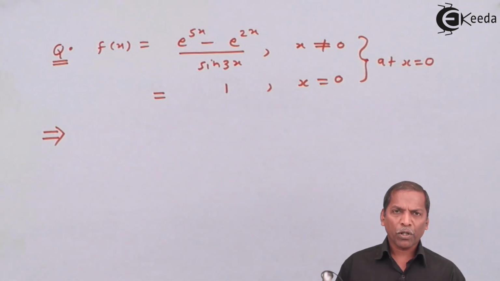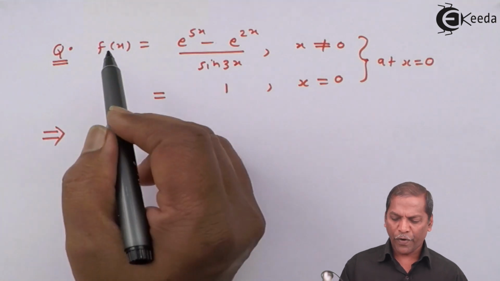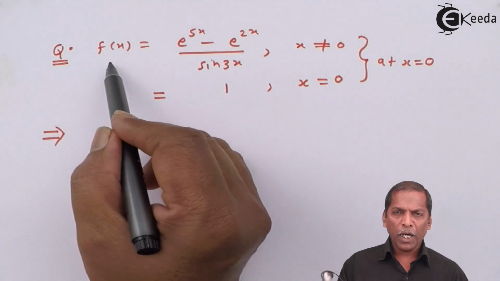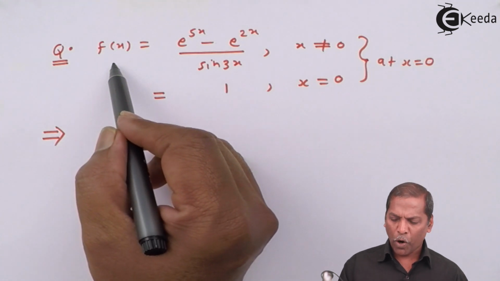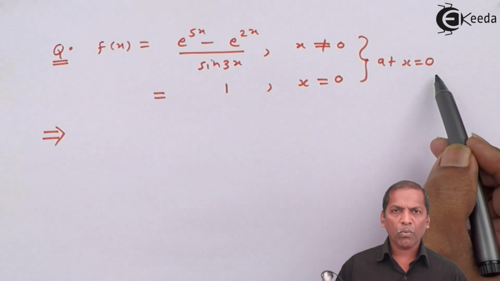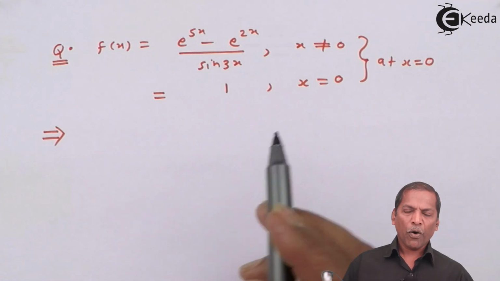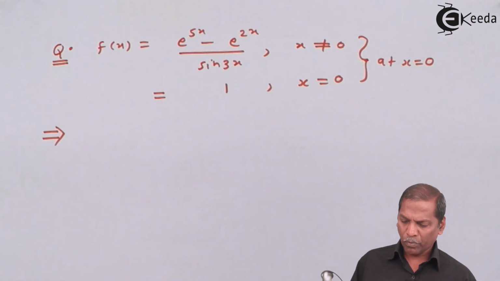So in this question we have to examine whether the given function f(x) is continuous or discontinuous at the given point x equal to 0. Now let's see the solution.